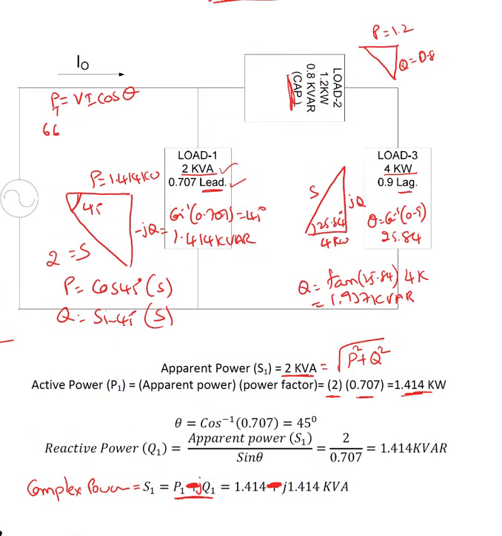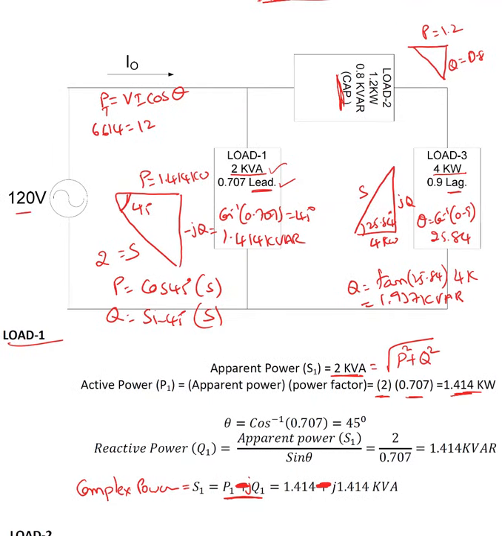So 6,614 equals V, the supply voltage, which is 120 volts, the given value, times I times cos theta, 0.99, where cos theta is the total power factor. So what is I here? I is 55.67 amperes. Okay, this is another example similar to the previous example, but here the loads are connected in a different manner.